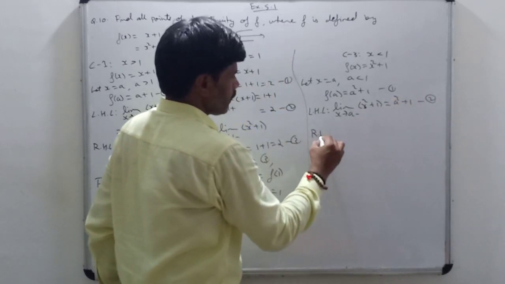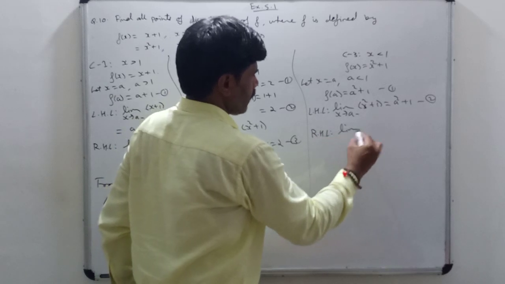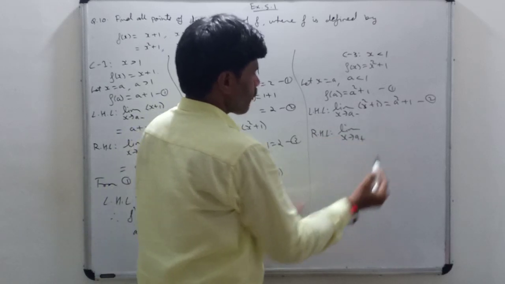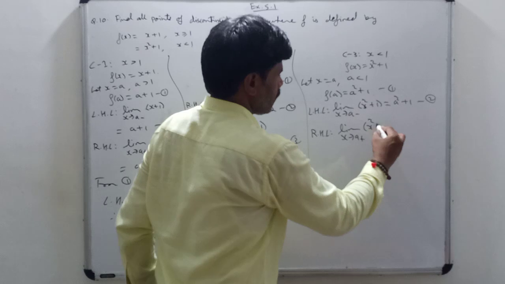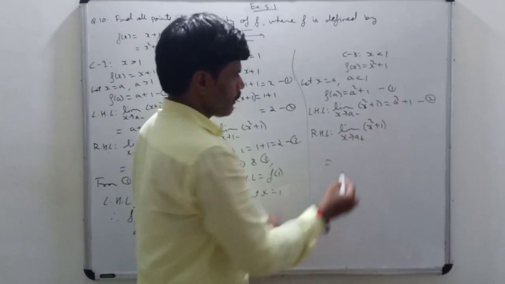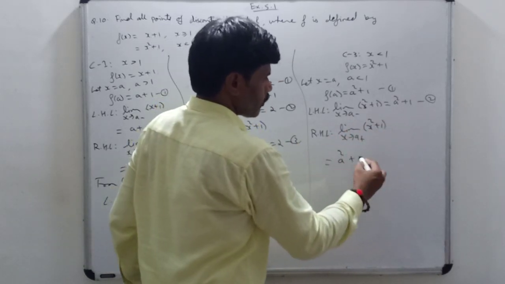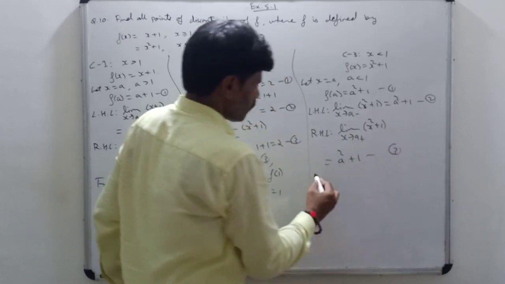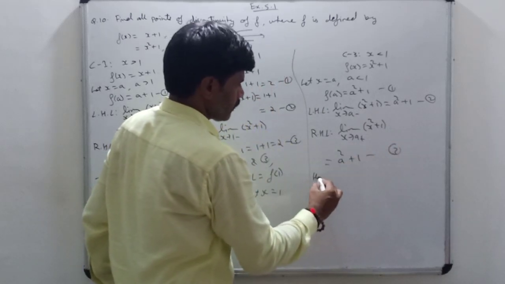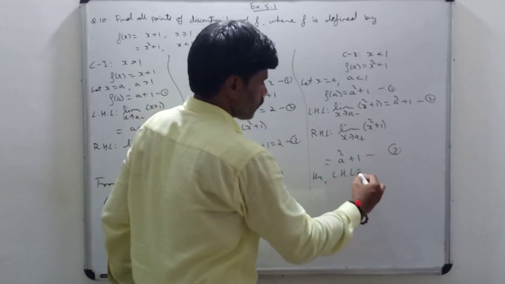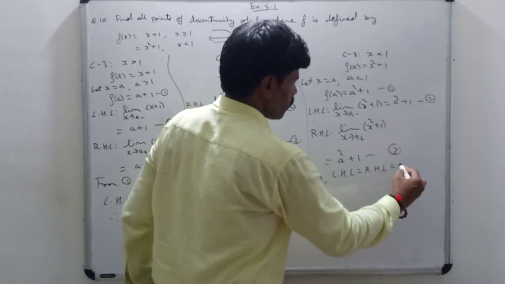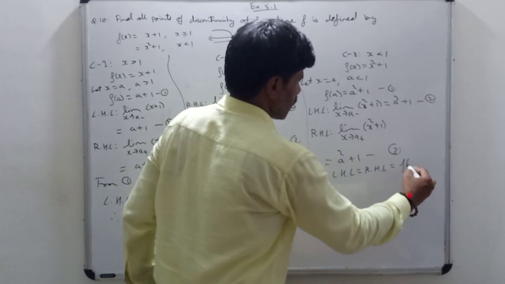You find out the RHL. Limit as x tends to a plus of f(x). f(x) here is x² + 1. Now apply the limit. In place of x you put a. So a², plus the limit of a constant is the constant. Gives result number 3. So therefore what did you observe here? LHL is equal to RHL, which is equal to the value of the function f(a).